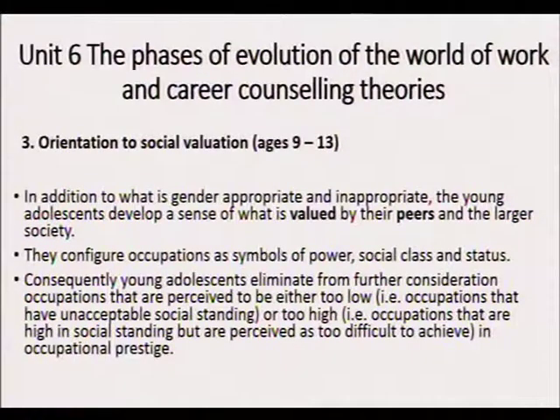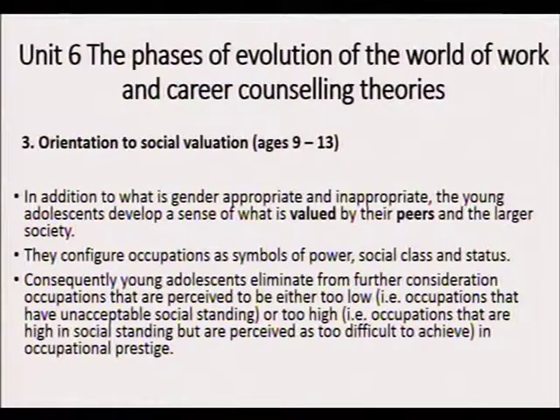In addition to what is gender appropriate and inappropriate, young adolescents develop a sense of what is valued by their peers. So we focus more here on the social valuation and the larger society. They configure occupations as symbols of power, social class, and status.